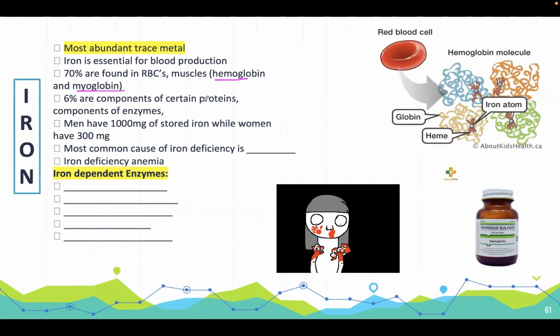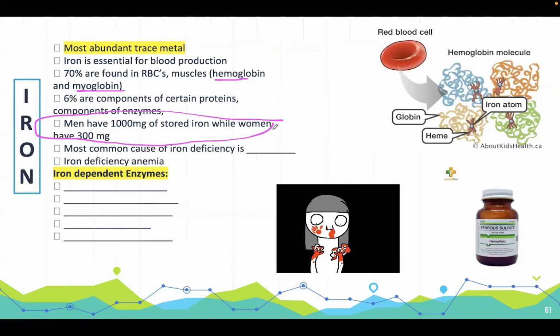Men have 1,000 milligrams of stored iron while women have 300 milligrams. So why is the iron storage or content of men higher than women? I think this has something to do with our bones. I have to check on that.